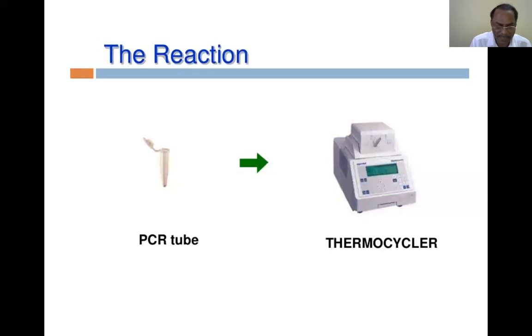But for this purpose, what we should know is the flanking sequences on this side and that side of the gene of interest, the gene that we want. Initially, we should know about these areas.